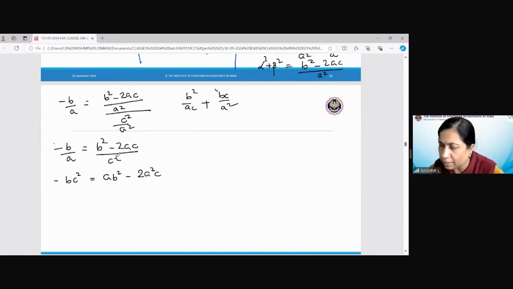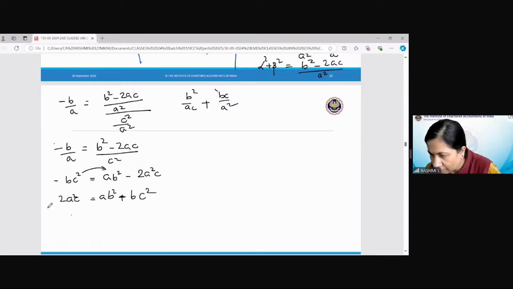So I take this to the left and take this to the right. So I have 2a square c is equal to ab square plus bc square. Now I divide this by a square c. So dividing by a square c, 2 is equal to ab square upon a square c plus bc square upon a square c.